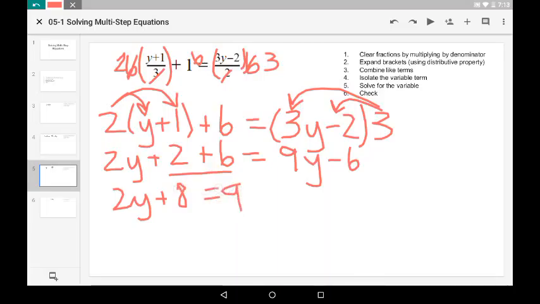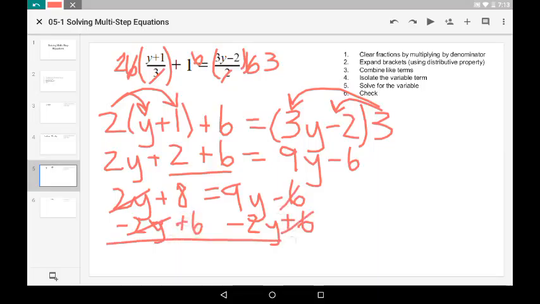equals 9y minus 6. We need to isolate the variable, so I'm going to subtract 2y from both sides because it's being added over here, so those will cancel out. In the same step, I'm also going to add 6 to both sides. You can do this in 2 separate steps, of course, but for space issues here.